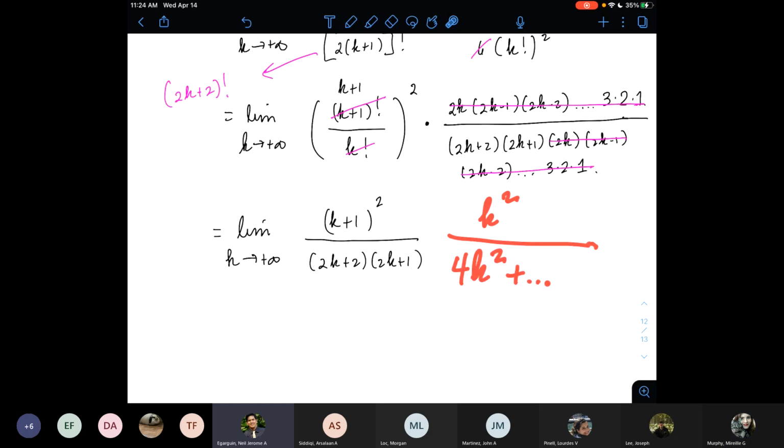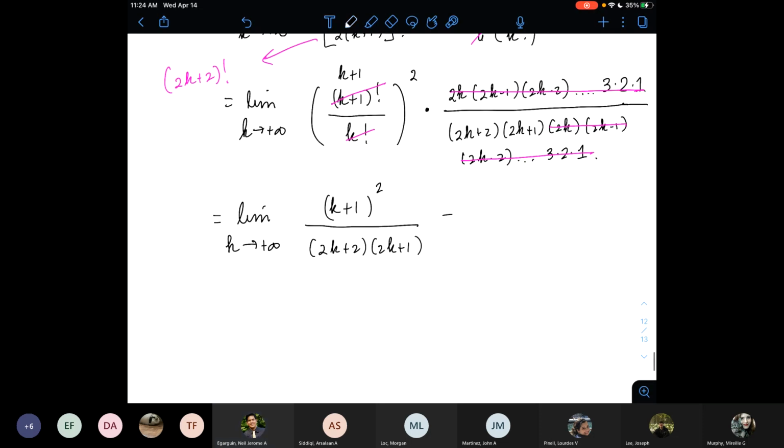It doesn't matter what the last two terms would be when you FOIL the denominator. Both of them have power 2, so the limit as k approaches infinity is just 1/4, which is less than 1. So by the ratio test, the series converges.